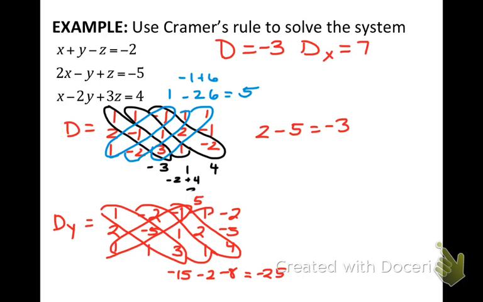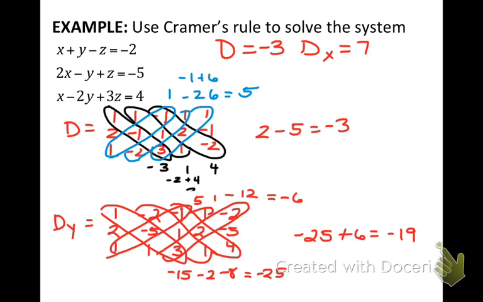What did you get? I got negative 19. Maybe negative 15, negative 2, which makes negative 17, and negative 8, which is negative 25. If you always add them, you don't subtract. Right.